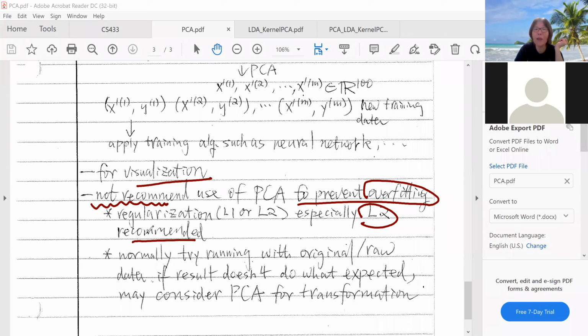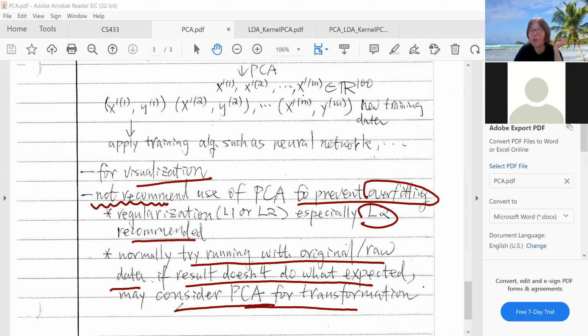Okay, and the normal recommendation is we try running with original raw data. If the result doesn't do what we expect, then we can consider PCA for transformation, to see, because sometimes you have features that are correlated.